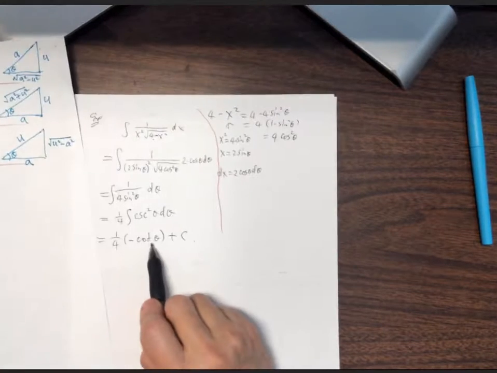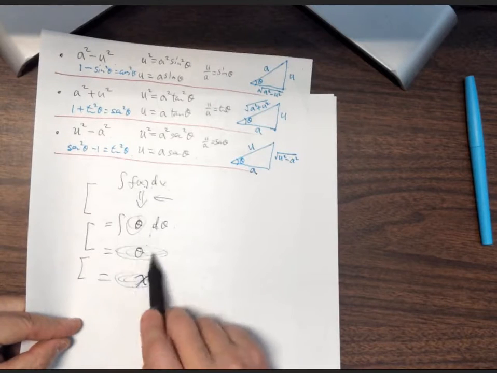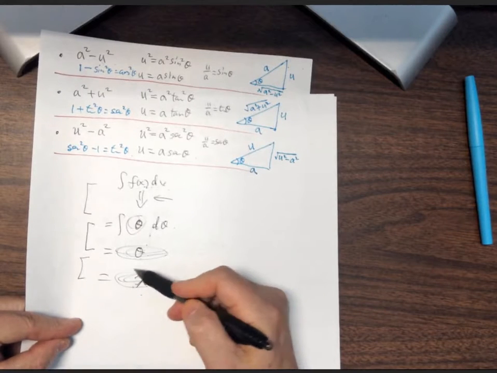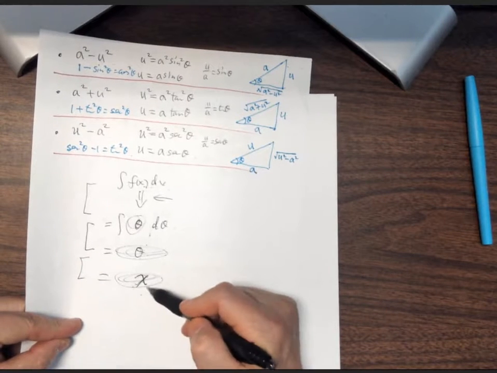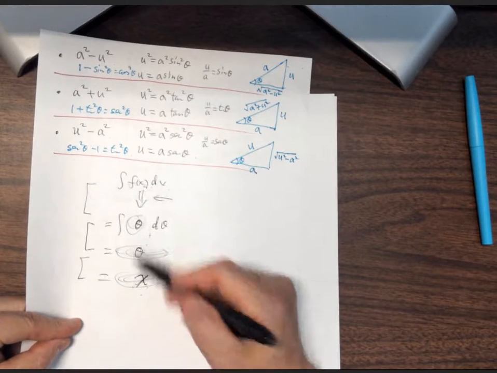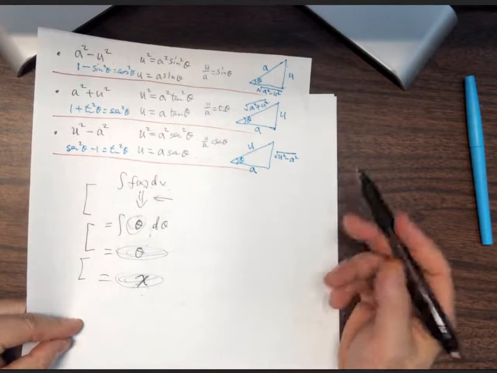The answer in theta. So there's a last step. We want to turn this to an expression in the original variable x. We start with the integral in x, so the answer has to be in x.